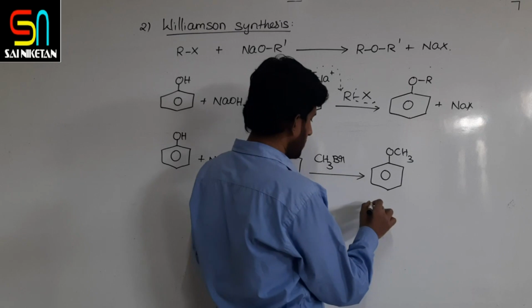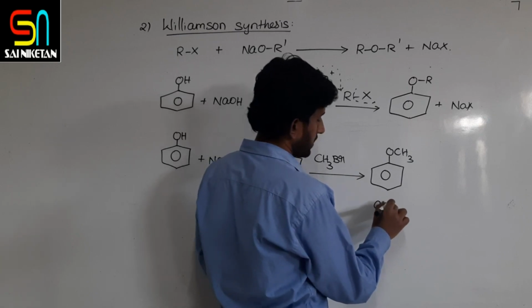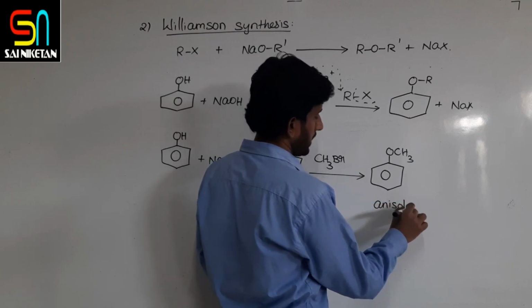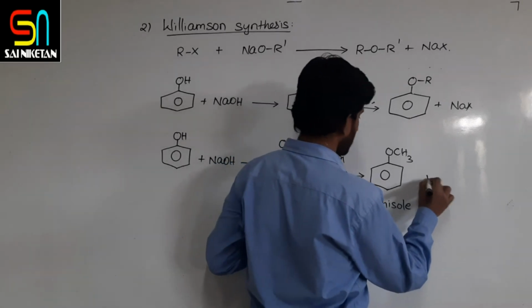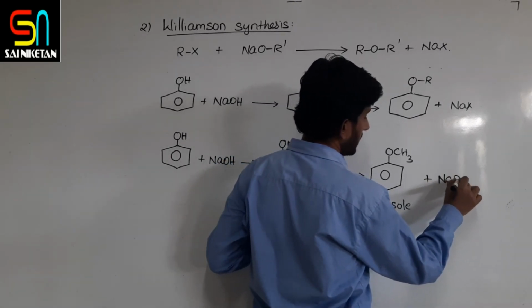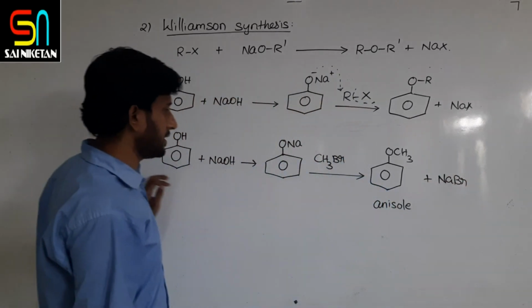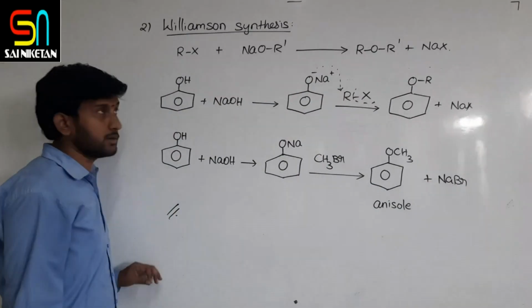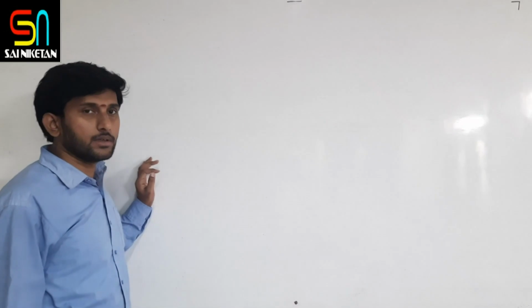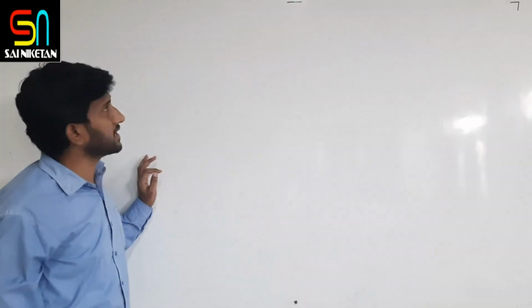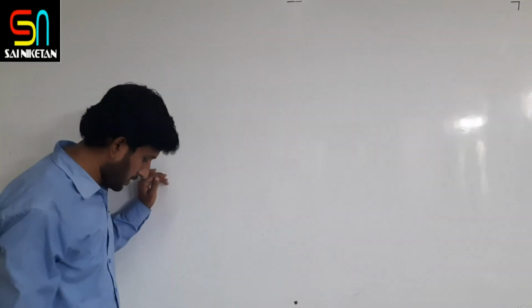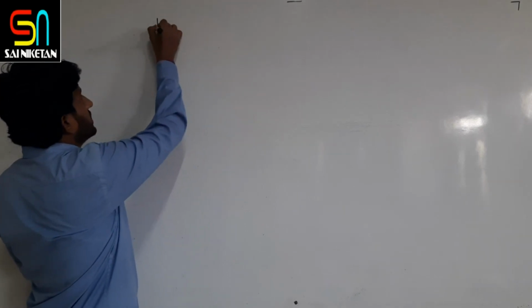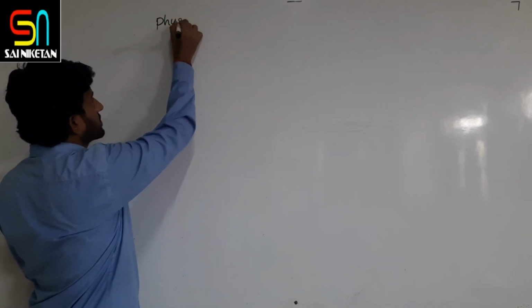It is also called anisole. Okay, anisole is produced, plus NaBr. Like this you can synthesize aryl ethers also. Okay, so we have seen preparation methods of ethers. Let us see physical properties next.